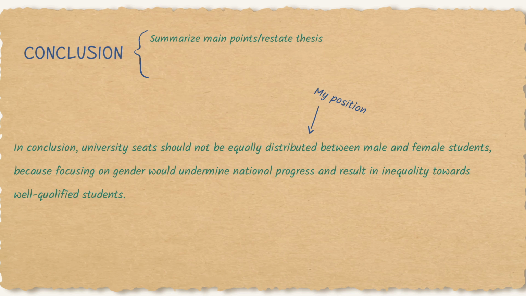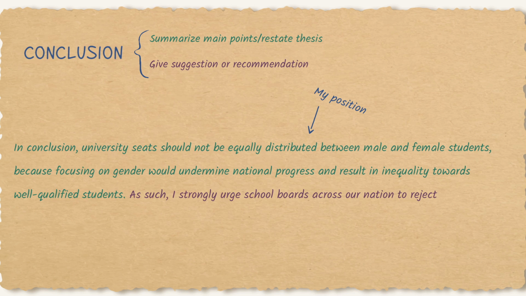And the last sentence in my conclusion is to give suggestion or recommendation. For example, as such, I strongly urge school boards across our nation to reject such proposals. This is a kind of suggestion or recommendation that you can use in writing your last sentence in conclusion.